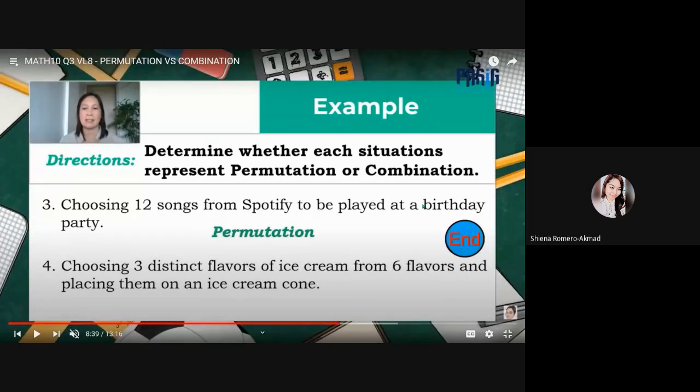Okay, number 4. Choosing 3 distinct flavors of ice cream from 6 flavors and placing them on an ice cream cone. Combination, ma'am. Combination. Bakit combination? Ma'am, kasi pipili ka po ng tatlong distinct flavors sa anim, tapos wala naman pong sinabi na ma'am, yung kailangan pagsunod-sunurin.